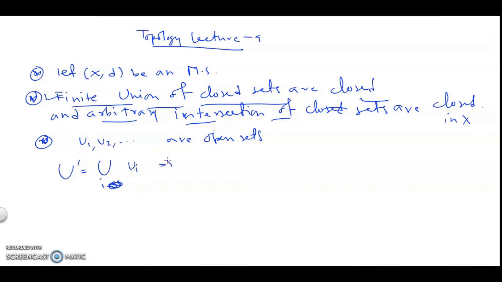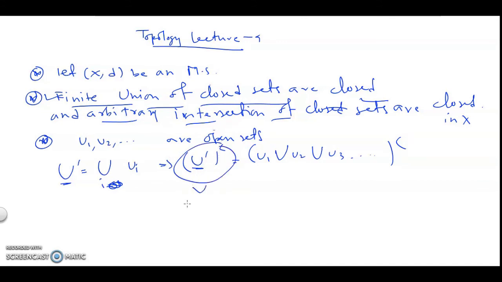Now if we take complement on both sides, U dash complement is nothing but U1 union U2 union U3 ..., we don't know how many because arbitrary, complement. Since U dash is open, because arbitrary union of open sets is open, U dash complement, let's call it V, is closed.